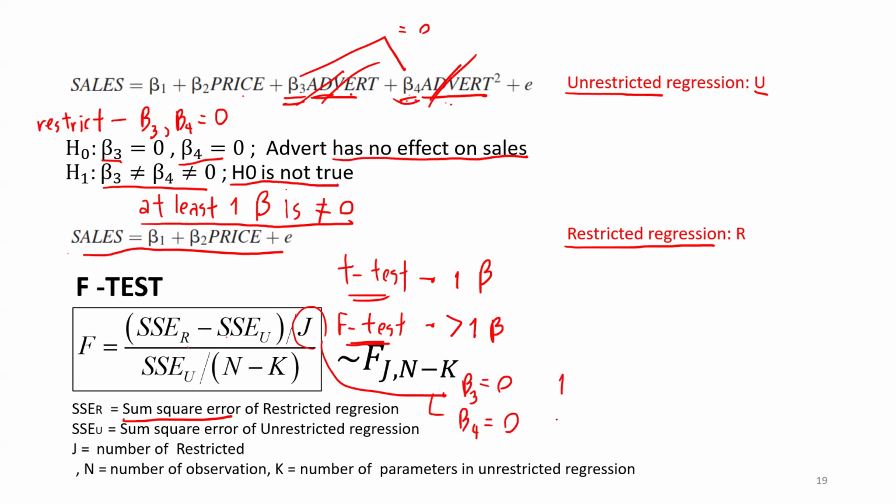So 1, 2. So J equals 2. N is the number of observations, no problem. K is the number of betas. So you count the betas of the unrestricted regression, the longer one.